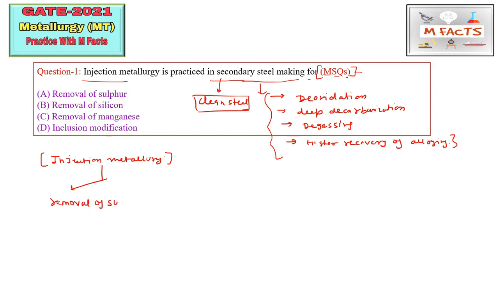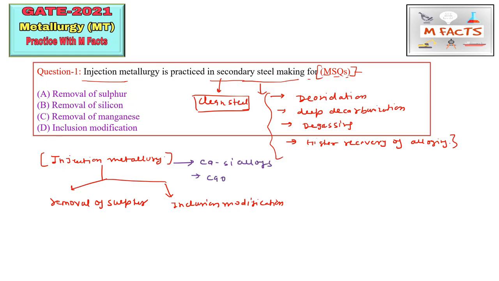The second is the modification of inclusions. In injection metallurgy we inject powder or wire in the form of some desulfurizing agent, and these agents are mainly calcium silicon alloys, mainly calcium alloys.